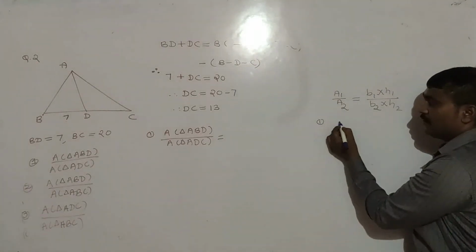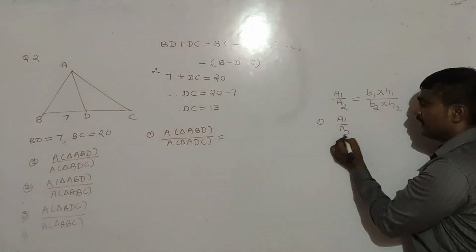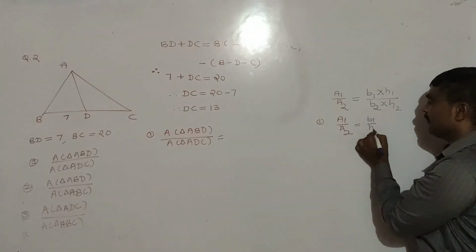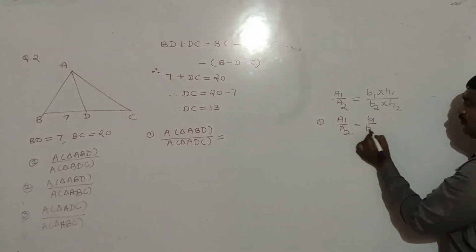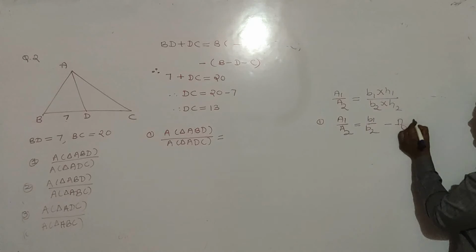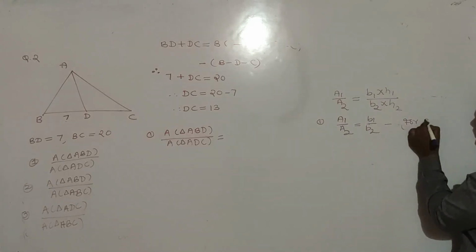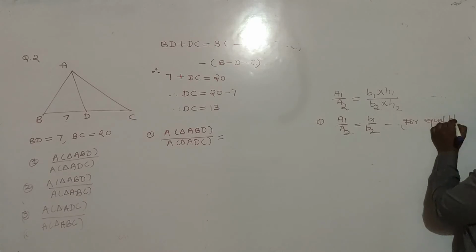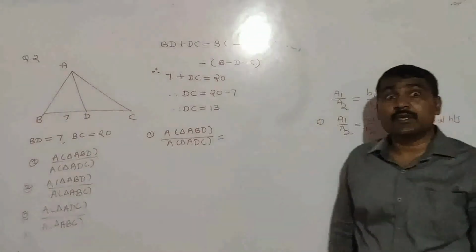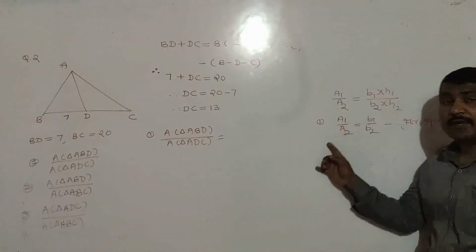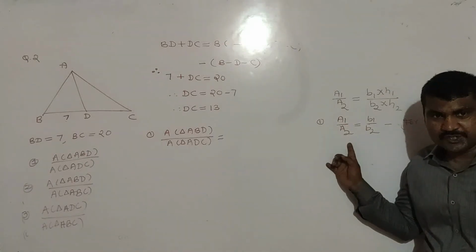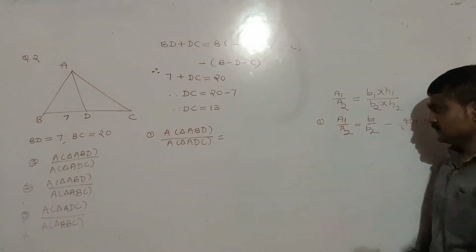Case 1: A1 upon A2 equal to B1 upon B2, if the triangles have equal heights. If two triangles have equal height, then we have the formula A1 upon A2 equal to B1 upon B2. We have seen this in exercise number 1.